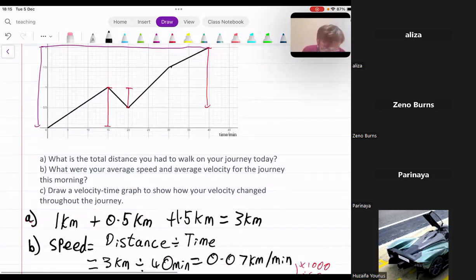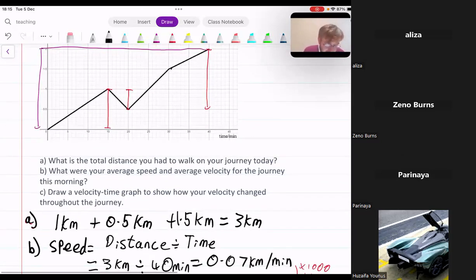And, well, the velocity, when you're looking at a distance time graph, is equal to the gradient of that graph. To work out the gradient, you do change in y divided by change in x, kind of the y equals mx plus c things you would have seen in maths class.